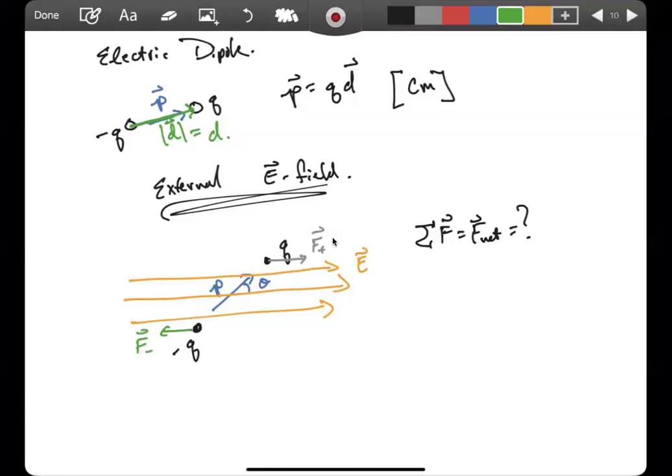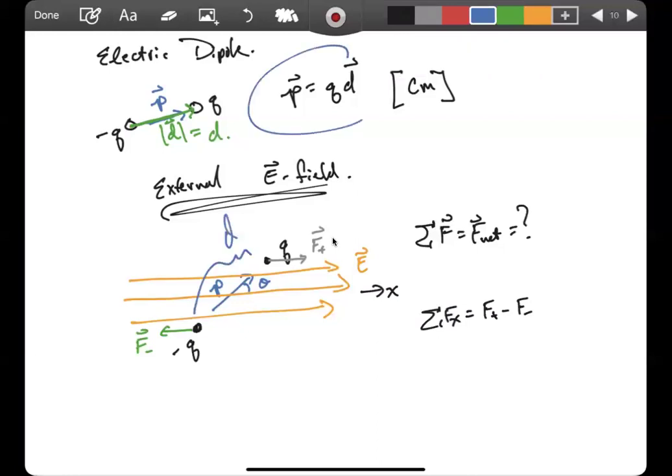So what this says is that since the two forces are in the same direction, I'm going to call this my x direction. This says the sum of the forces in the x direction are going to be equal to F plus minus F minus. Awesome. Now, since that's the distance d, this is my distance d.